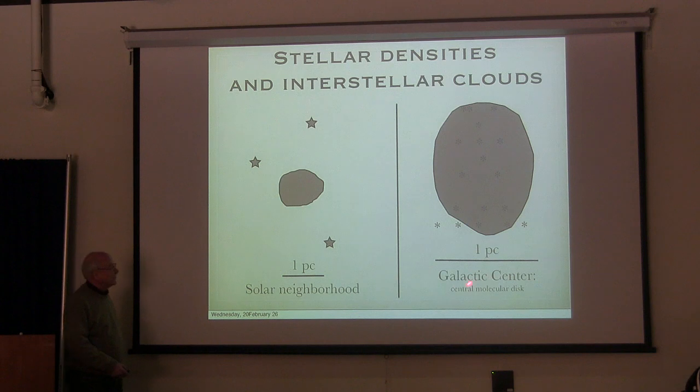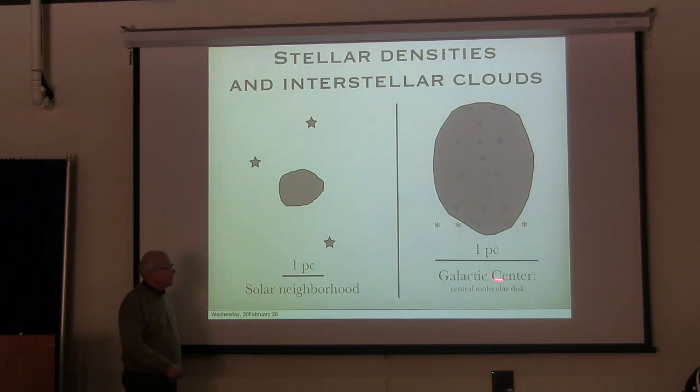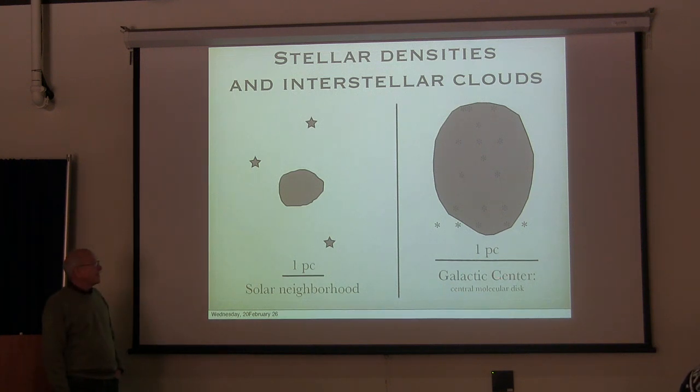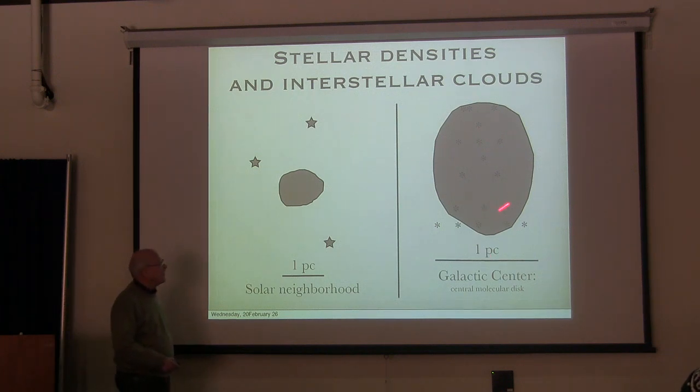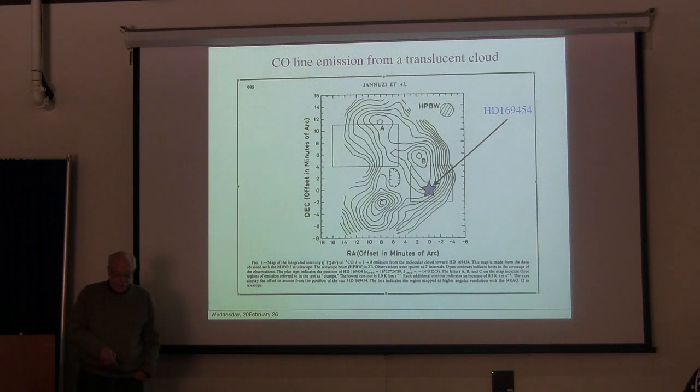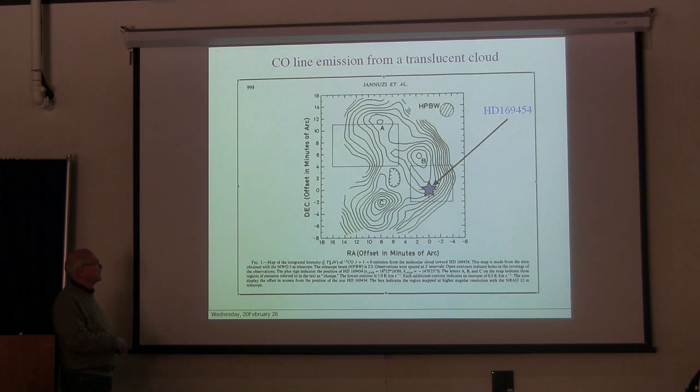On the other hand, if we consider interstellar matter in the central molecular zone of the Milky Way galaxy, the central 100 or 200 parsecs of our galaxy, the stellar density is so high that for a similar sized interstellar cloud, statistically we would expect it actually to contain a large number of stars. So even our cartoon concept of interstellar clouds needs to be flexible.